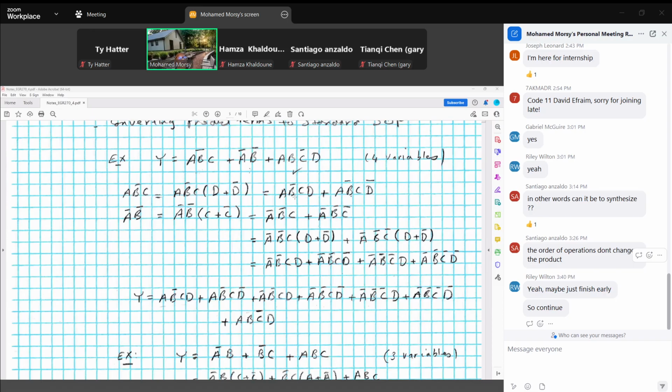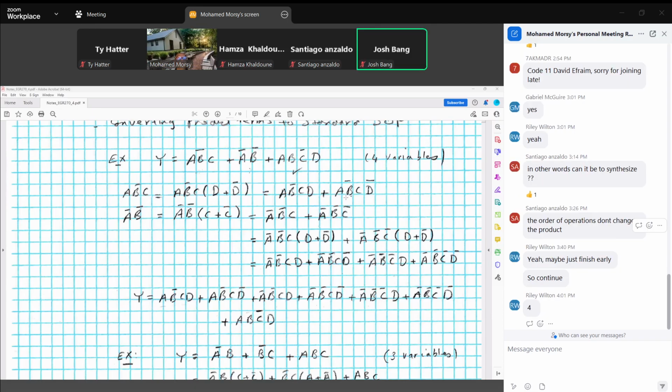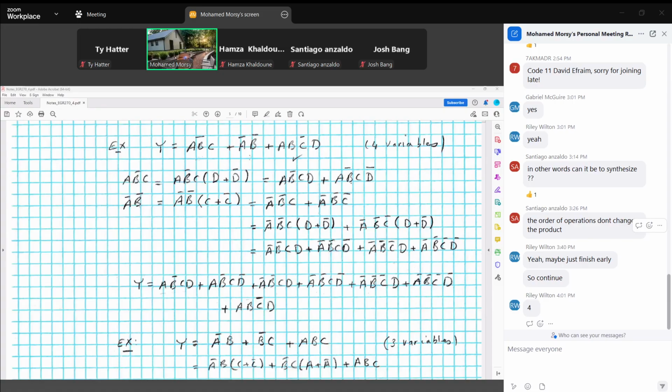So now how many variables do we have in each product term? 4. So now we converted A B inverted C to these two terms, which are in standard form. Next one, A inverted B inverted.